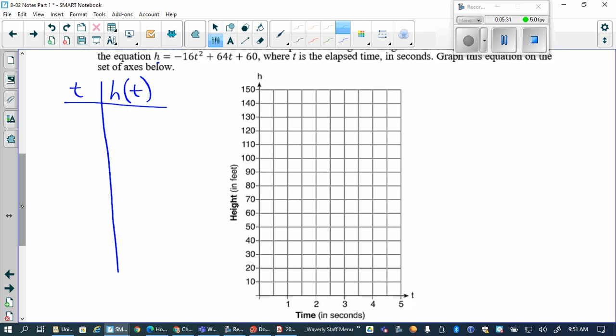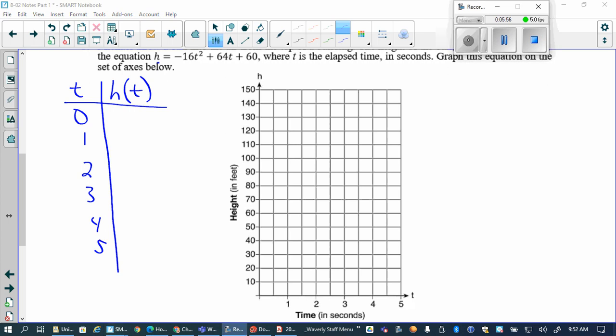What's the first value we should have for t? 0, right? And then what? And by the way, Tegan, this is going to work a lot like what you're doing. It's not working. And 1, 2, 3, 4, and 5, right? So now just make a table of values on your calculator.